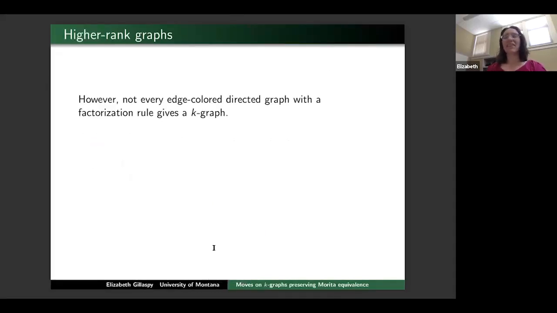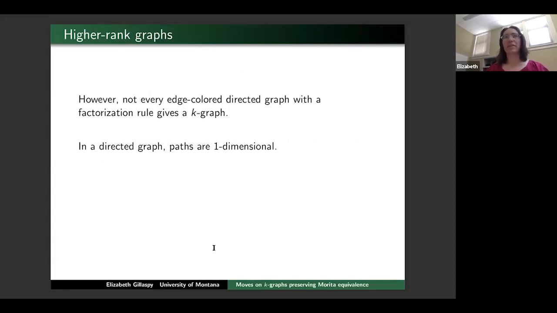However, that's not even quite enough. Not every equivalence relation like this, not every factorization rule, is going to give us a K-graph. And the thing is that, as I said, a K-graph is supposed to be a K-dimensional generalization of a directed graph, in the sense that in a regular directed graph, which I sometimes call a one graph, paths are one-dimensional, right?